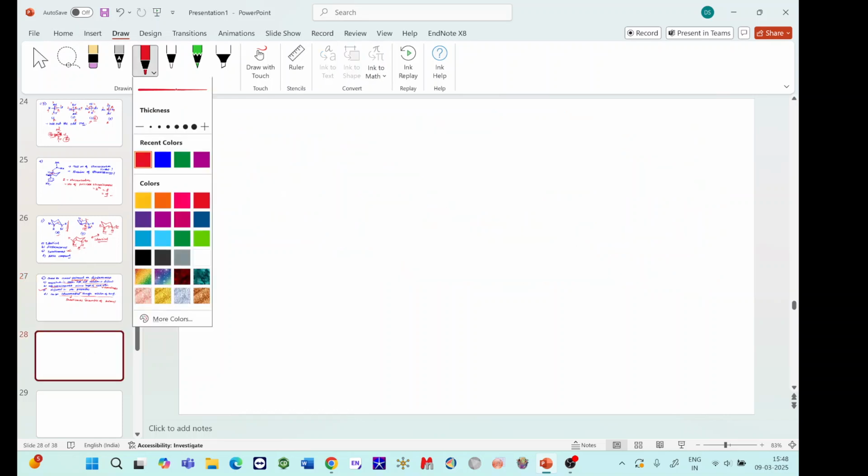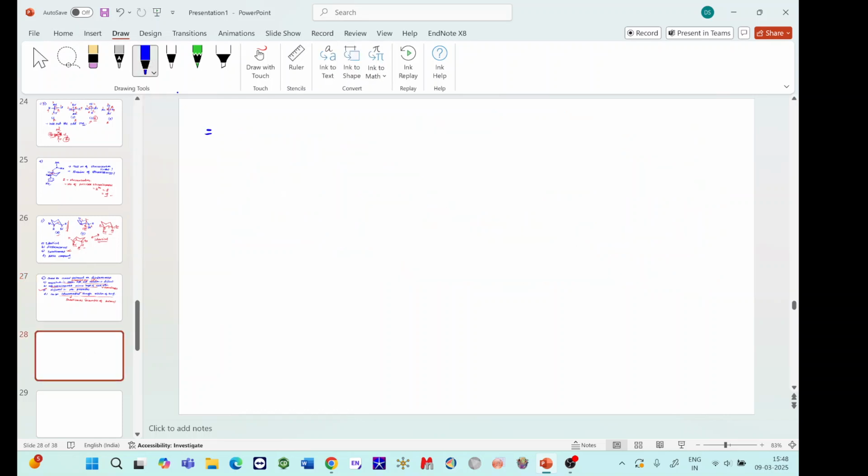Okay, one more thing I forgot to discuss. In butane, you have these two isomers, CH3, H, H, CH3, H. I will not draw the anti one, I will only draw the gauche one. You have the mirror image, this one.